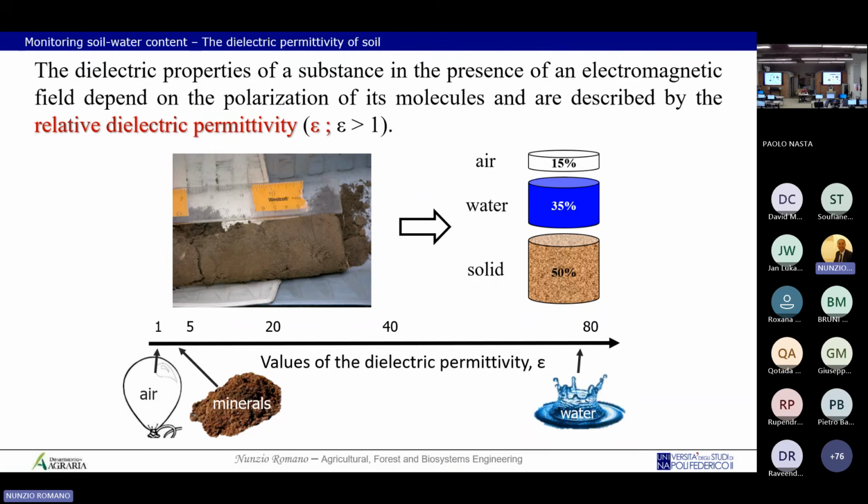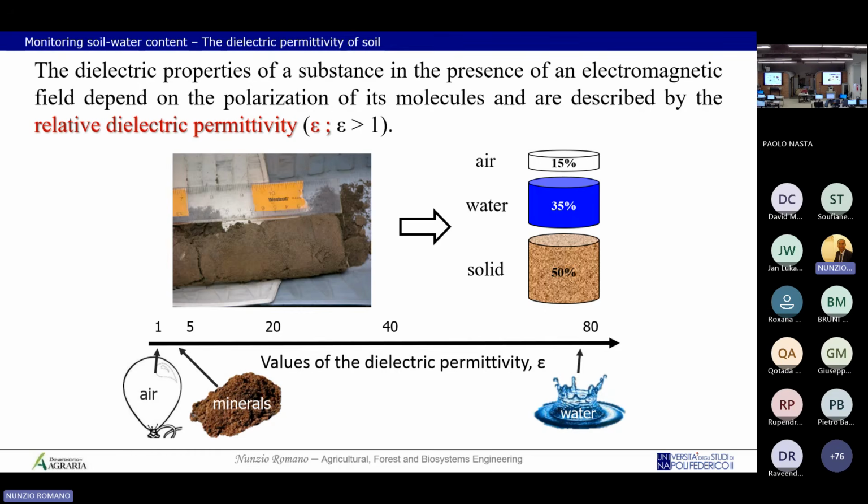And depending on this polarization, there is this property, epsilon, the Greek symbol epsilon, the relative dielectric permittivity. Now, for air, the relative dielectric permittivity is 1. For the solid particles, minerals, it ranges between 3 and 5 on average. But what is interesting is that the dielectric permittivity of water is close to 80.